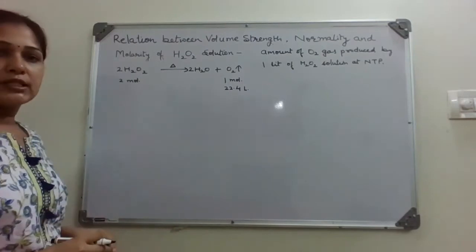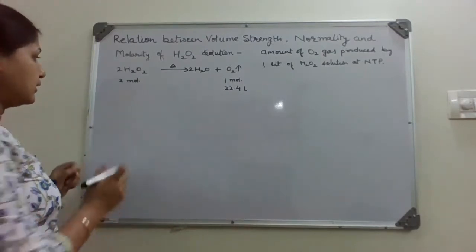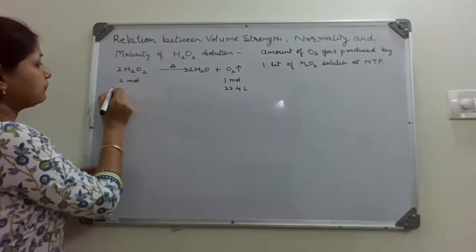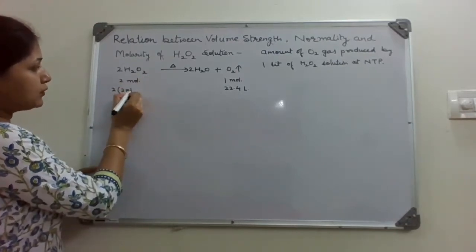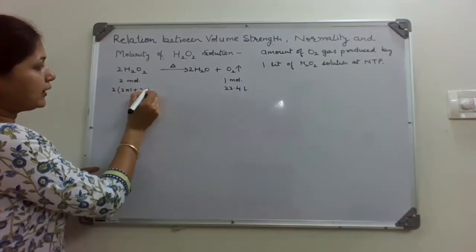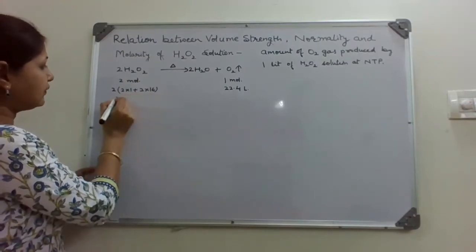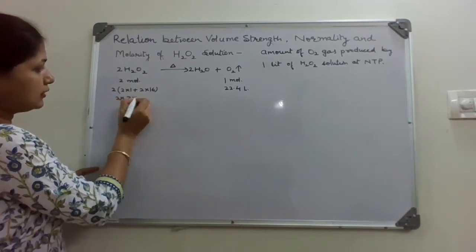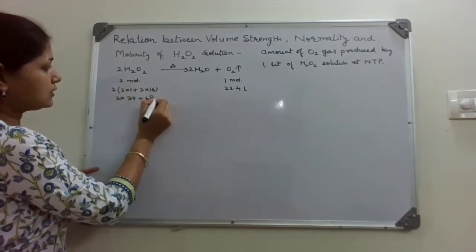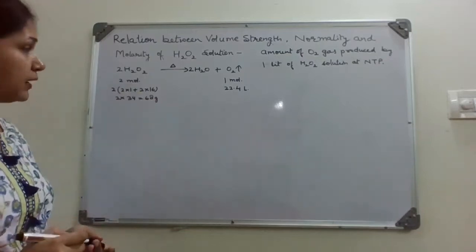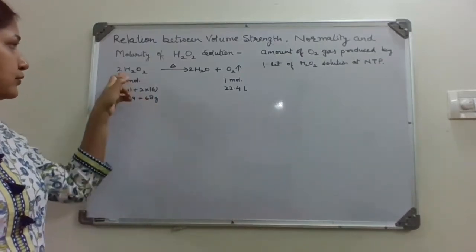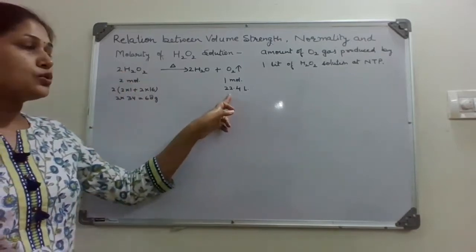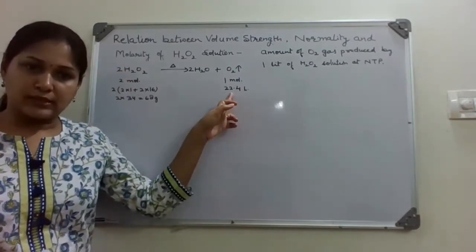If we calculate molecular weight of hydrogen peroxide here, it will be equal to 2 multiplied by 34 equal to 68 gram. So from here it is clear that 68 gram of hydrogen peroxide produces 22.4 liter of oxygen gas.